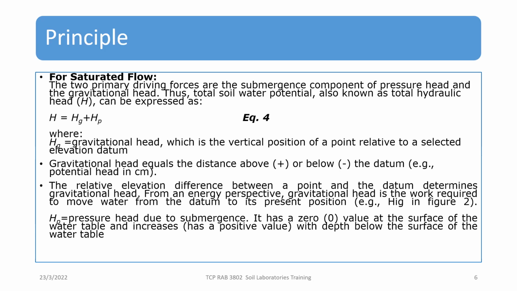From an energy perspective, gravitational head is the work required to move water from the datum to its present position. H_B, the pressure head due to submergence, has a zero value at the surface of the water table and has a positive value increasing with depth below the surface of the water table.